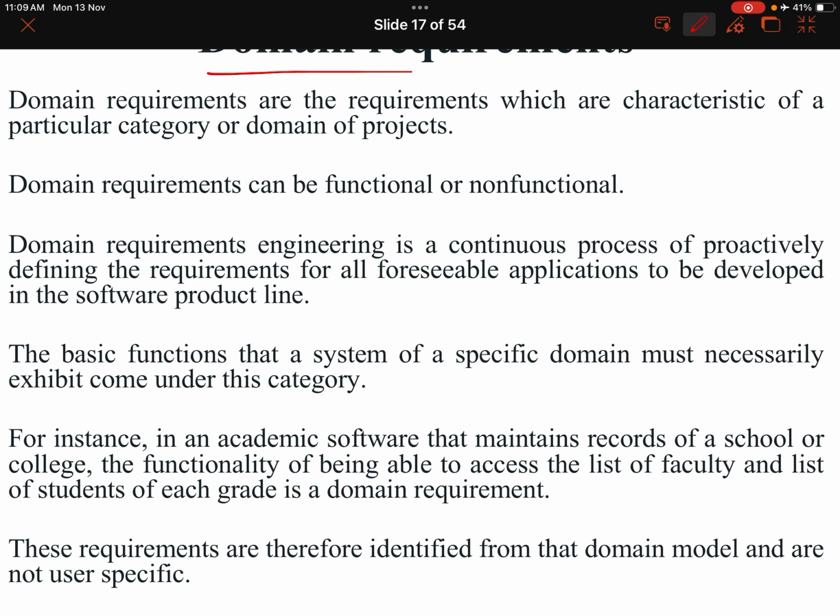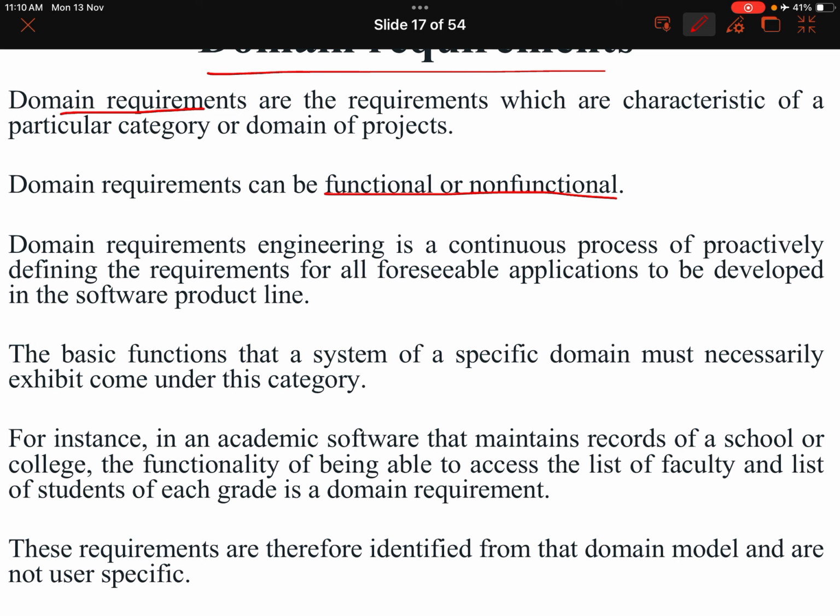Next is your domain requirements. Domain requirements are the requirements which are characteristic of a particular category or domain of projects. Domain requirements can be functional or non-functional. Domain requirements engineering is a continuous process of proactively defining the requirements for all foreseeable applications to be developed in the software product line.